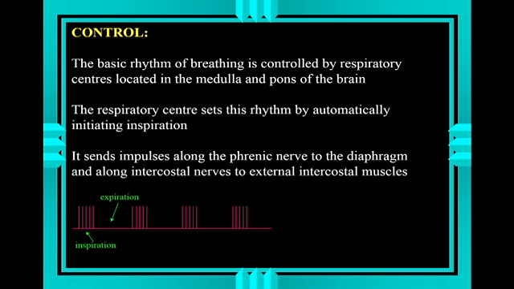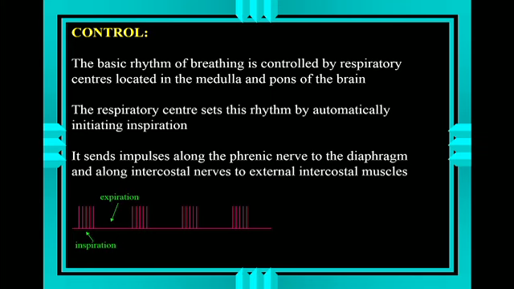For those of you who've done anatomy this year or last year, or both, you've got the midbrain, the pons and the medulla. The pons and the medulla contain nerve cells, which we call the respiratory centres, and this sets the basic pattern of our breathing. So you and I breathe because of these nerve cells in the respiratory centres in this part of the brain.